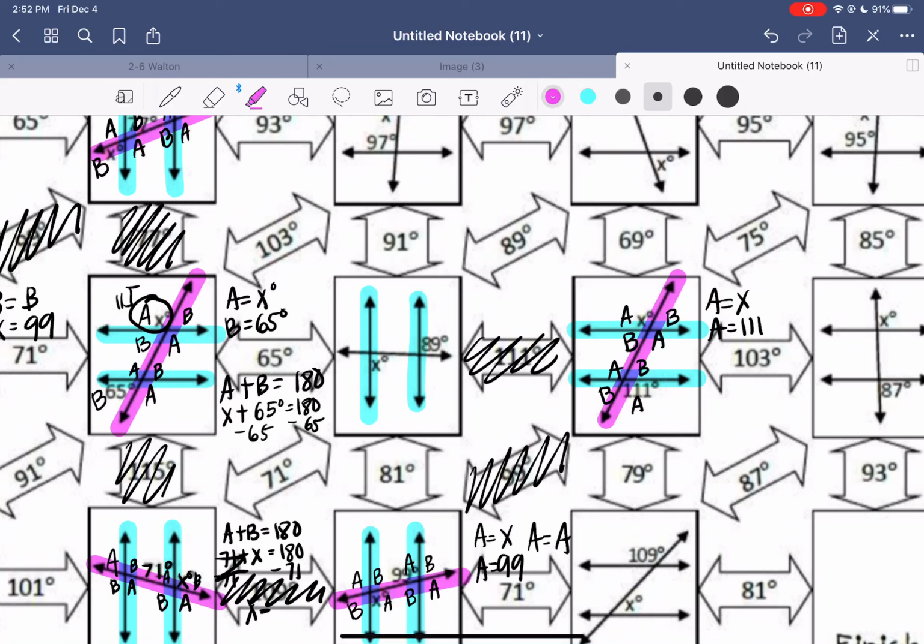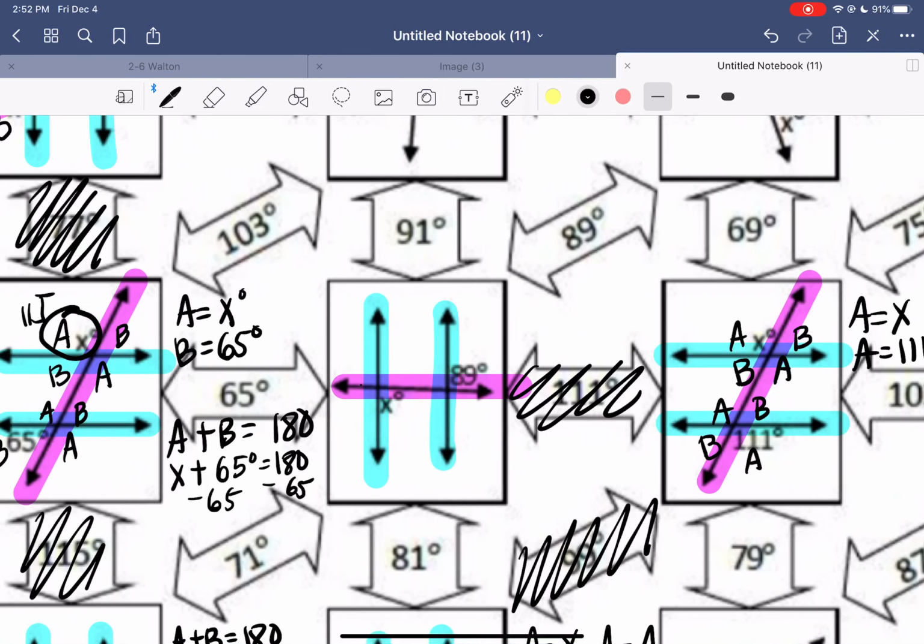Two parallels cut by a transversal. So we have AB, AB, AB, AB. So we're looking for A is X and B is 89.